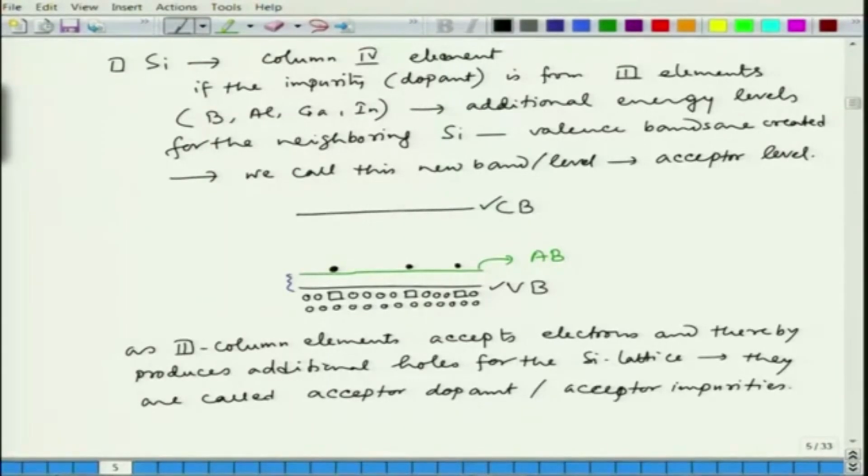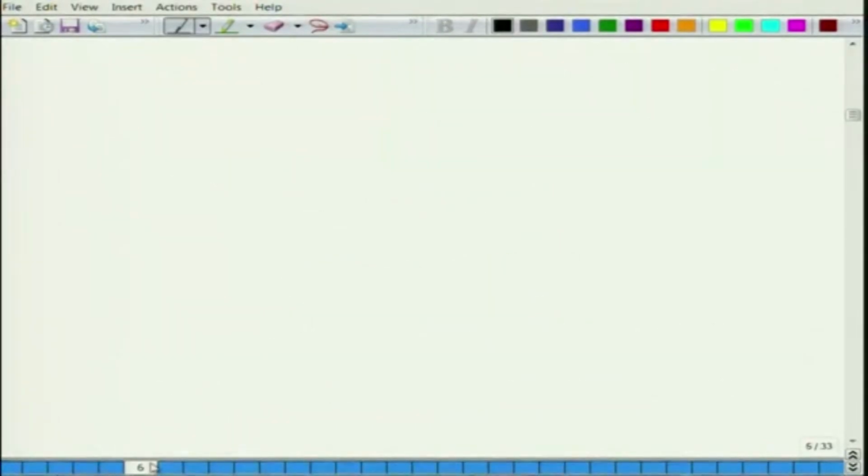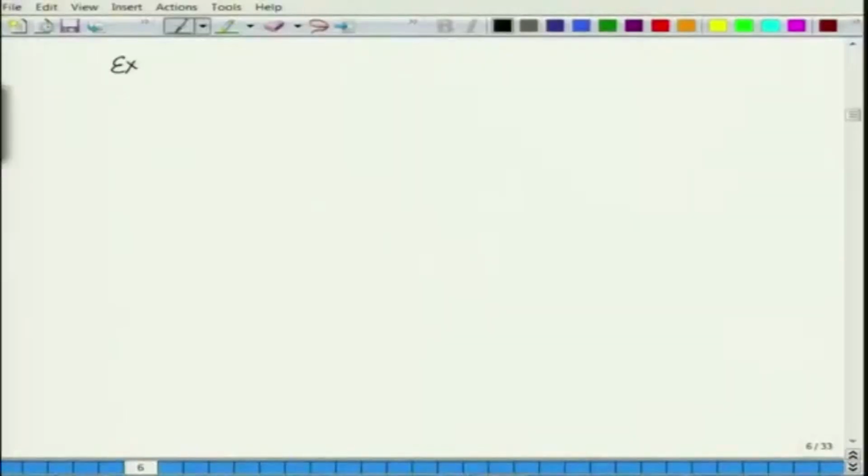Okay. Now, let us take an example of how this small amount of impurity can change the carrier concentration. Let us take a small example at room temperature, the intrinsic carrier concentration for silicon is this value, and I told you that this is a material property.